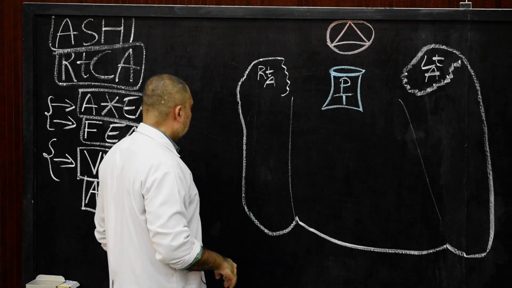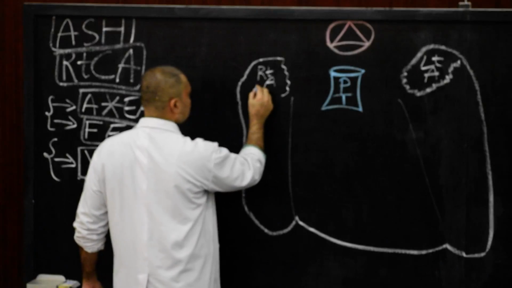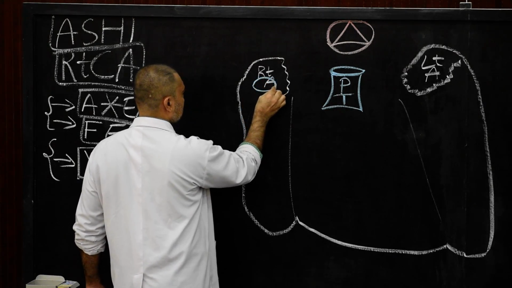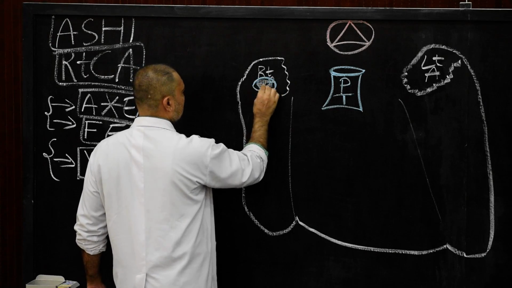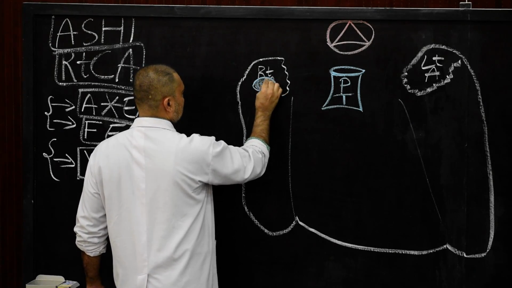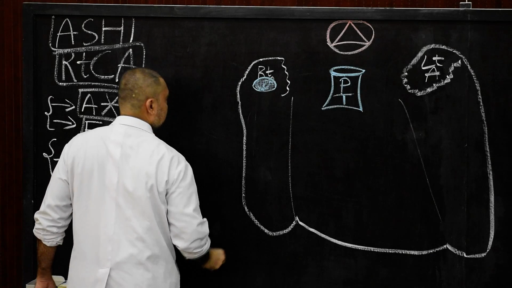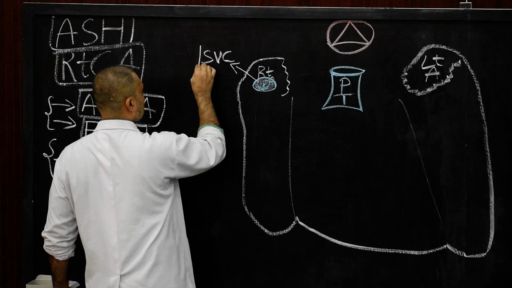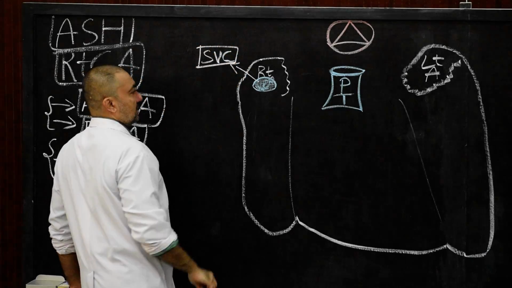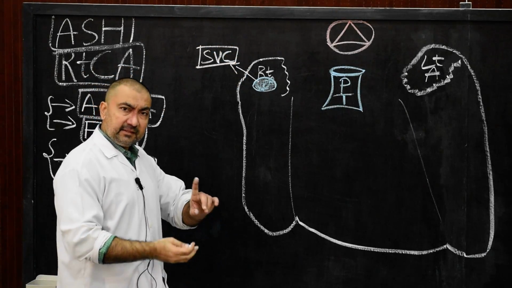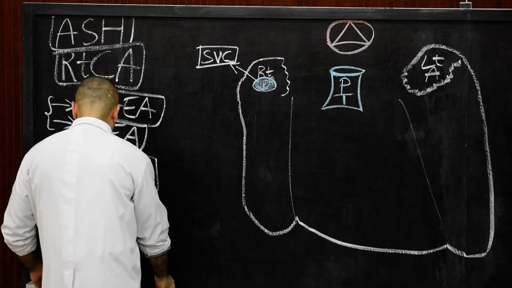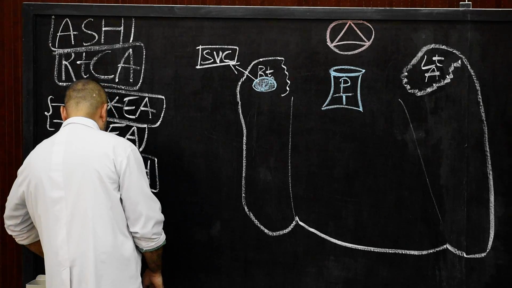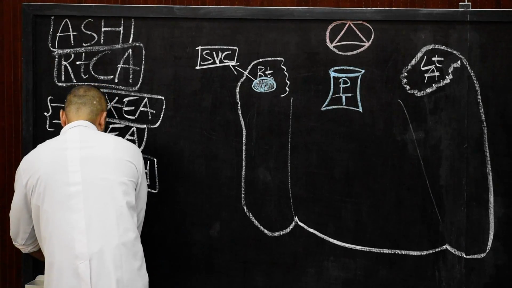Very simple. And on this side, we are going to draw here cross section of superior vena cava. So this will be our superior vena cava. And on the extreme right side, we are going to draw in longitudinal axis sino-atrial node.